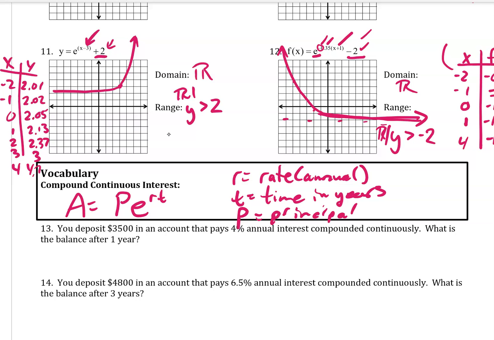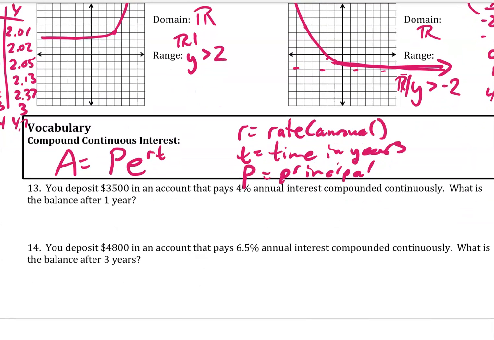So let's go through some examples. You deposit $3,500 into an account that pays 4% annual interest compounded continuously. What is the balance after 1 year? Well, our A would equal P, 3,500, times e to the R times t, 1 year.